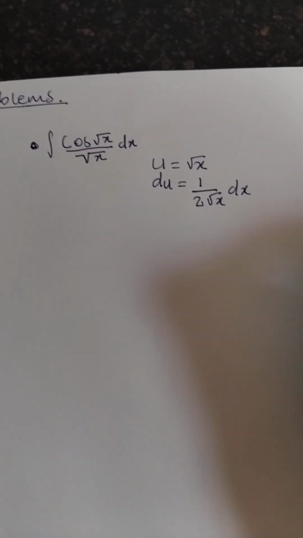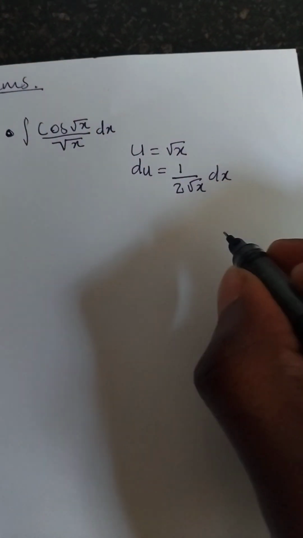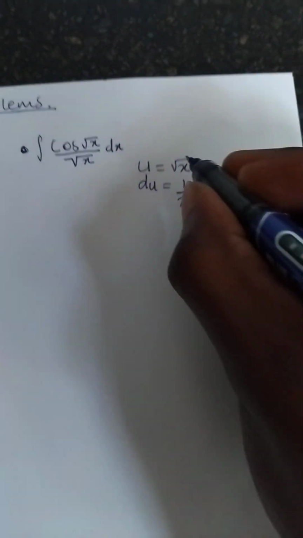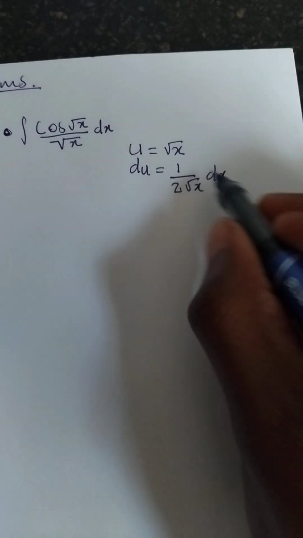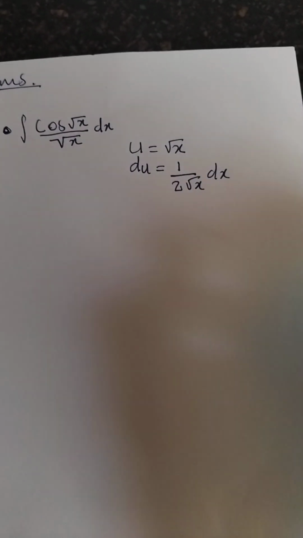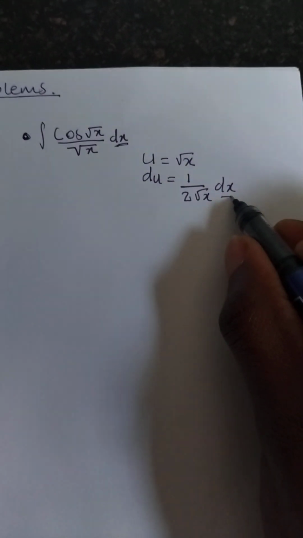I'm pretty sure that everybody's familiar with what you call differentiating, so I'm not interested in showing you guys how the derivative of this is that. If you don't know, feel free to try it on your own to see how it ends up being something like this. Then what do we do? We want dx. So dx is there, we want to make it the subject.